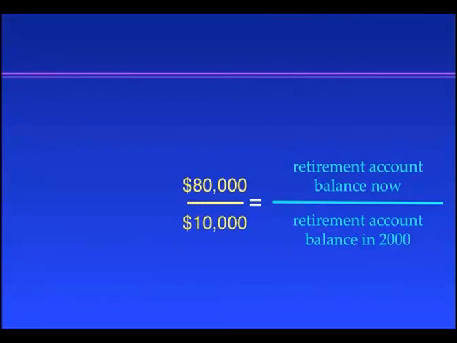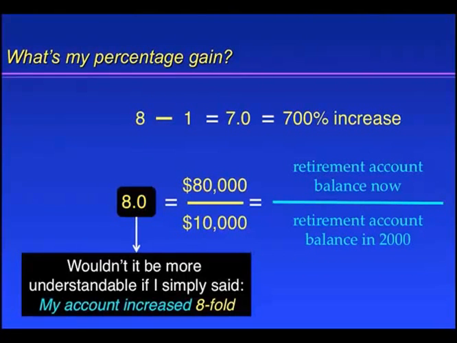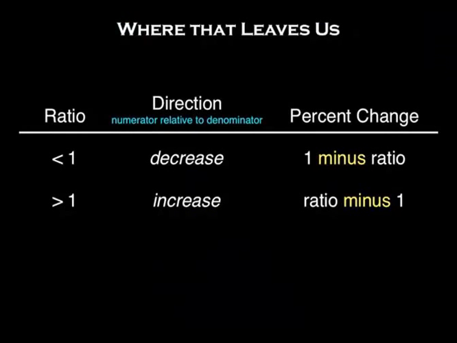Ooh, now I've got $80,000 off a 2000 balance of $10,000, a ratio of 8. What's my percentage gain? 8 minus 1 equals 7, a 700% increase. Wouldn't it be more understandable if I simply said my account increased 8-fold? I think so. Where does that leave us?